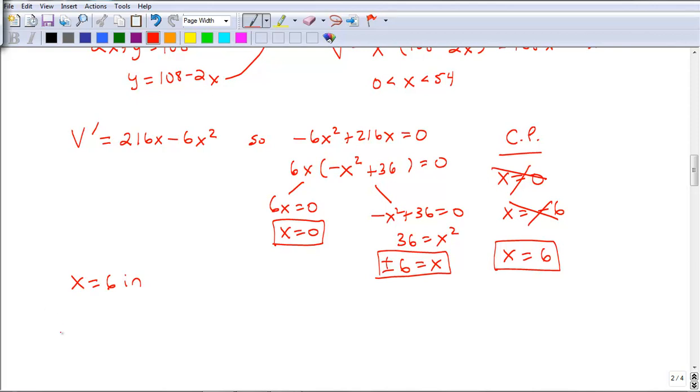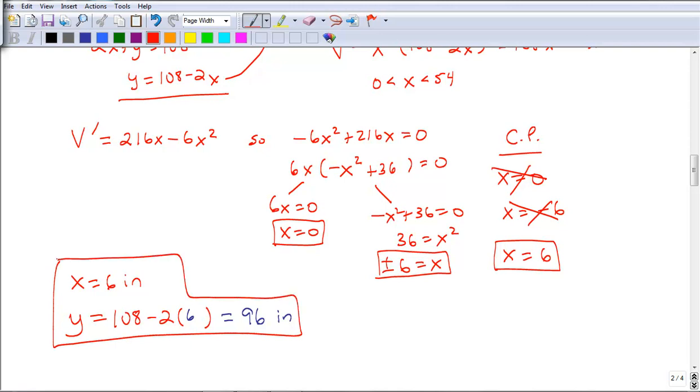To find y, I can use the equation I have above. y is 108 minus 2 times x, and x is 6. So if I plug that in, 108 minus 2 times 6, I get 96 inches. So the dimensions are 6 by 6 by 96 inches.